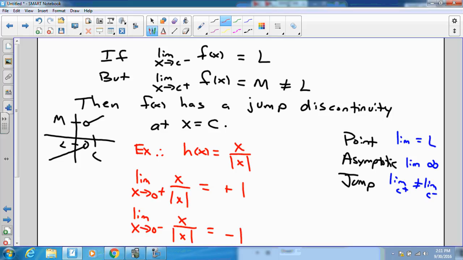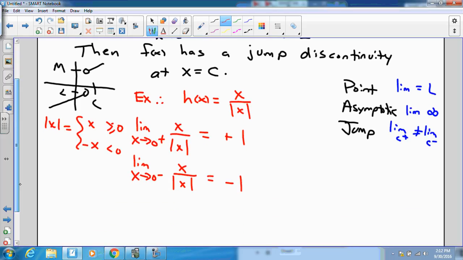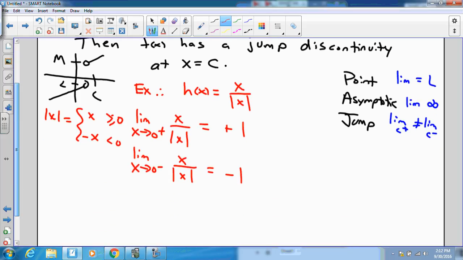And that must happen for every negative value, because the absolute value of x is defined as x when x is non-negative, and the opposite of x when x is negative, so that x divided by opposite x must be negative 1. Okay? So because these two limits from left and right are different, I conclude, therefore, that h of x has a jump discontinuity at x equals 0. Just that.